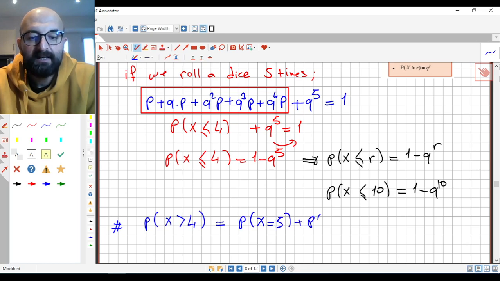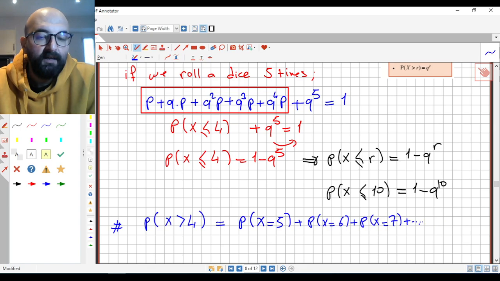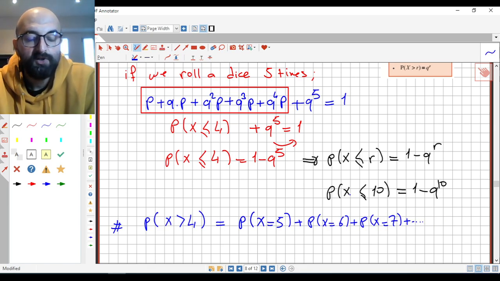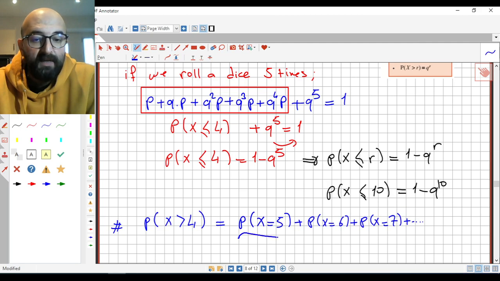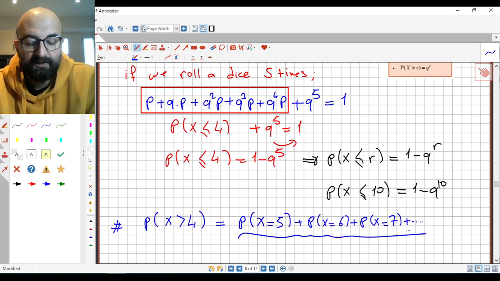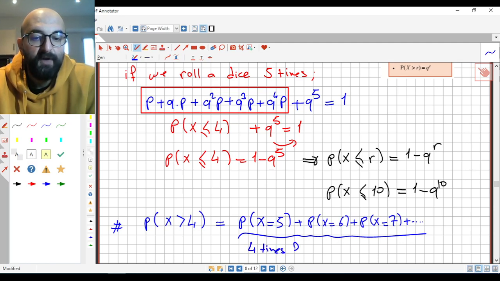Maybe you can get success in the 6th trial. Maybe you can get success in the 7th trial, and so on, and this situation goes on to infinity. So we can say another expression. This is 4 times failure.